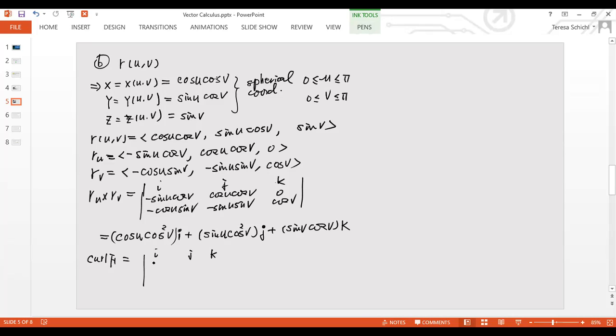The first row is the del operator, so partial with respect to x, y, z, then this is y, x, z, that's your vector function. And then in here, you will get negative i minus j minus k.